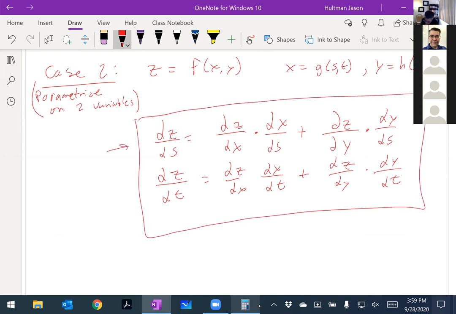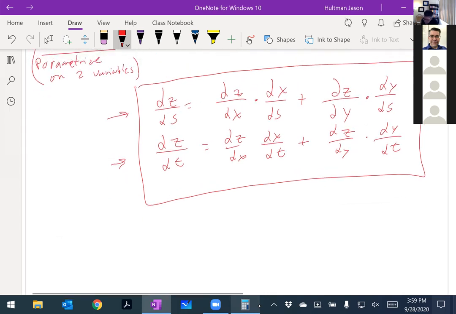We can find the partial with respect to s and the partial with respect to t. We can't take the full derivative because there are two variables. If we only have one variable, then we can find the full derivative, but here we have two variables, so we have to do a partial. We're doing partials inside partials because it's a function of multiple variables. It's like here I have two variables, and then inside it, I have two variables.